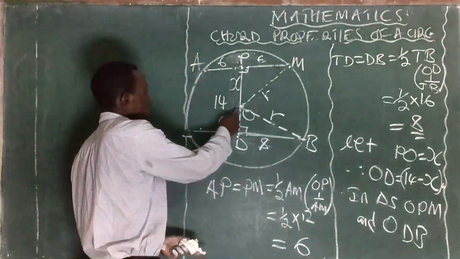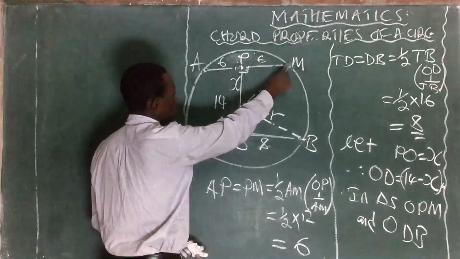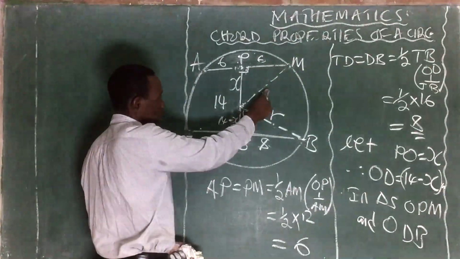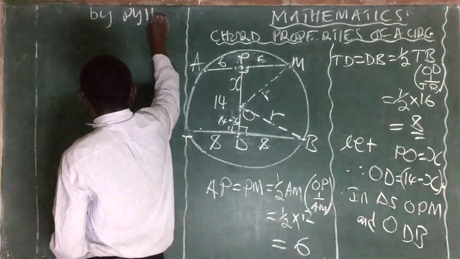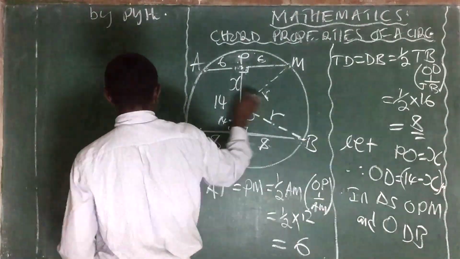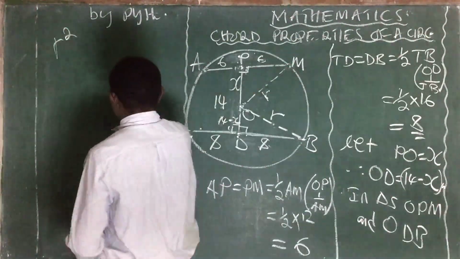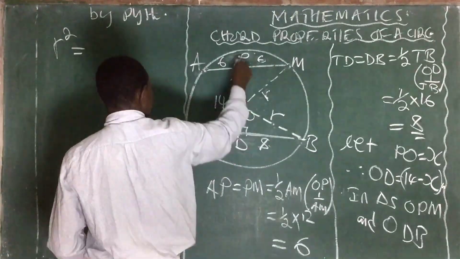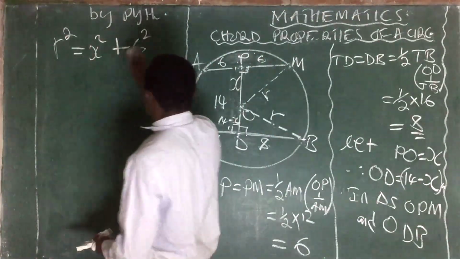You'd realize that in this triangle OPM, for us to find R, by Pythagoras theorem, we'll have R squared, this is the hypotenuse side, equal to X squared in that triangle, plus 6 squared.